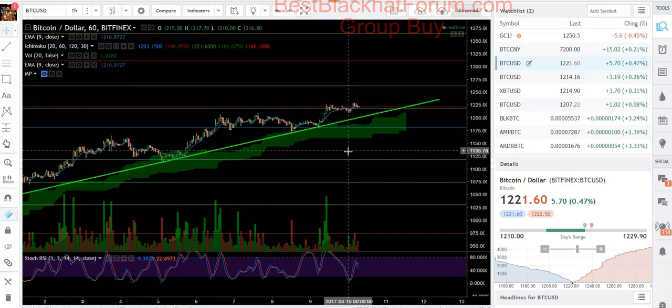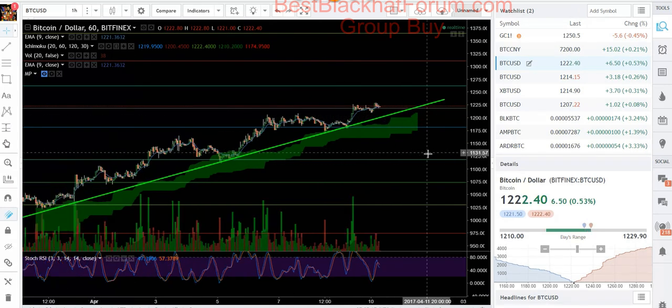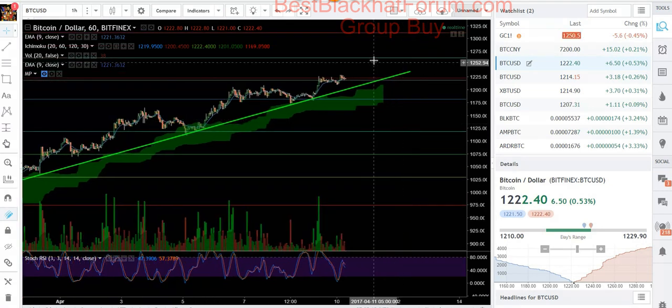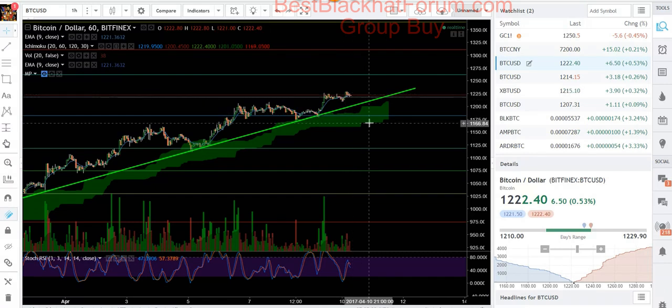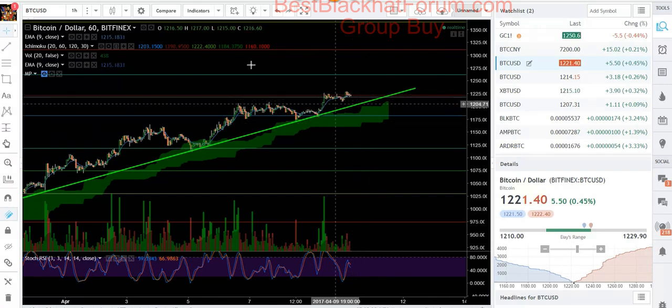The indications are, first, how it breaks the cloud and the support trend. If this breaks the hourly support trend, this hourly cloud, then we're going to get a correction of the whole move. That's kind of obvious, but there's a lot of price you could get out of there before that happens.